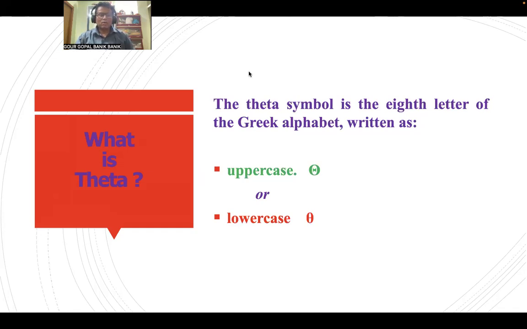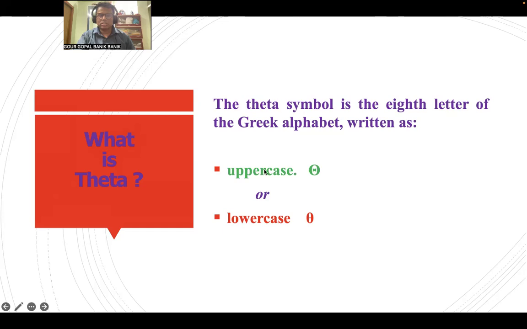So theta, how is it written? The theta symbol is the eighth letter of the Greek alphabet. Remember, there are 24 letters in the Greek alphabet, and the number 8 is theta. See how it is written in uppercase, capital letter, and lowercase, a small letter. In trigonometry, you use the lowercase, the small letter.